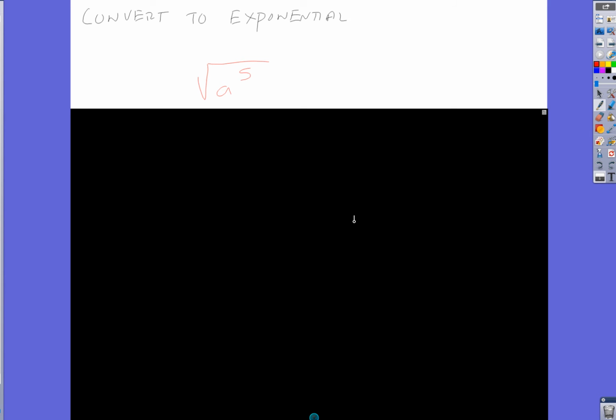What would this look like in exponential form? True? You want to help True out? Wait, the numerator will be 5, and then the A, that would be like this one, right?